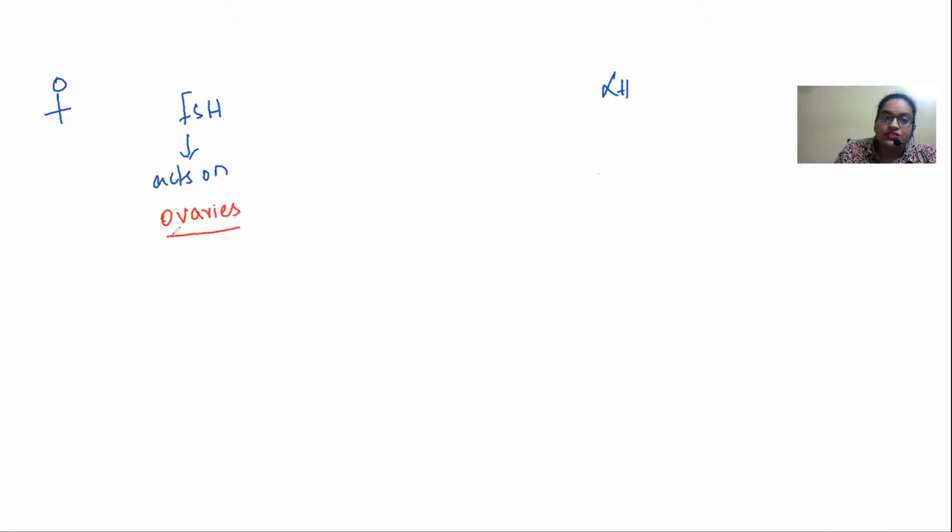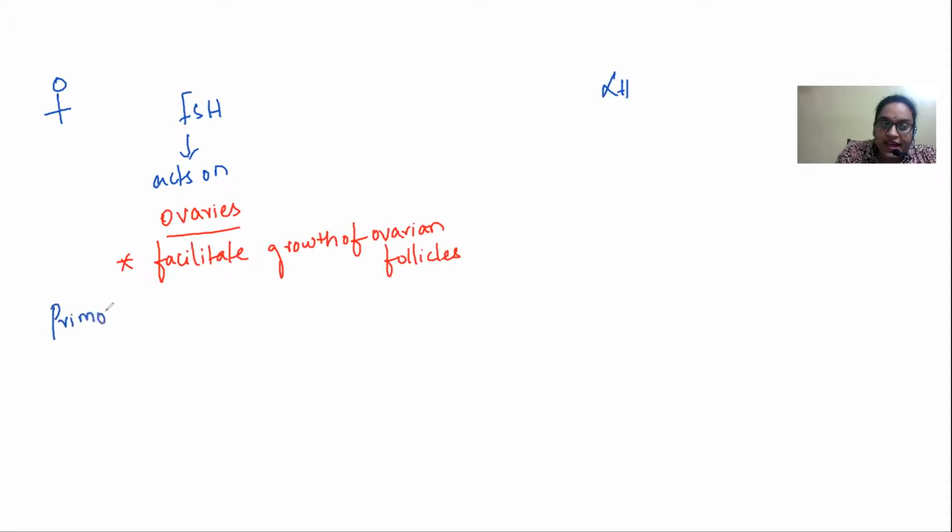What they do is they are going to facilitate the growth of the ovarian follicles. How do they help in the growth of ovarian follicles? We'll say it step by step. First, in the ovaries you can find the primary cells, which are called primordial follicle cells.